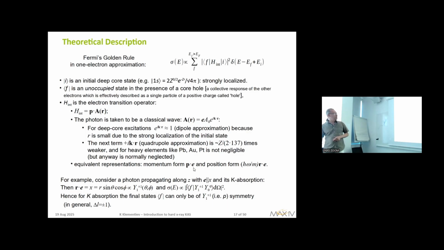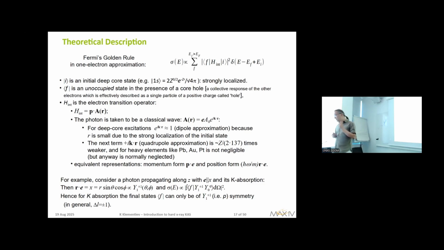Then there is an equivalent representation, the positional representation, where the interaction is just the scalar product of the radius vector times the polarization vector. Here at the bottom, I offer some math exercise. I will not go into detail, just tell that it shows that the interaction operator is proportional to the first spherical harmonic, which means it carries orbital momentum 1.